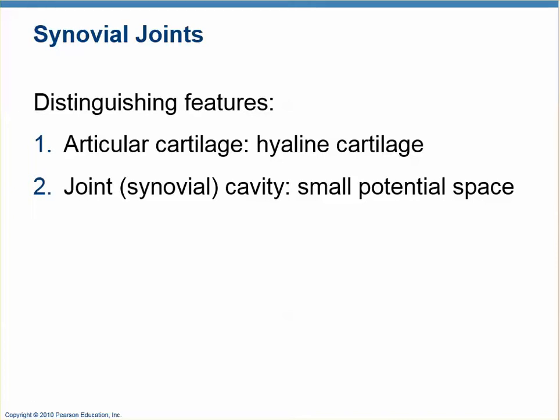I will demonstrate this concept in class, but really the two surfaces are pushed very, very tightly together, and there's virtually no space in them. It just is that they are not physically connected, so the space is more of potential space. And that space actually has a little bit of fluid in it, synovial fluid.